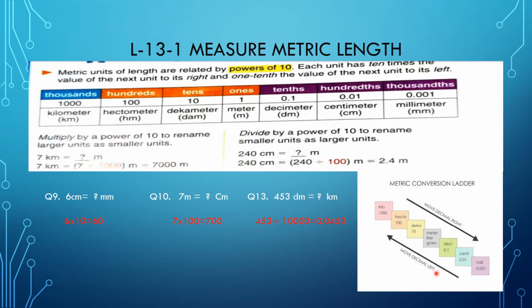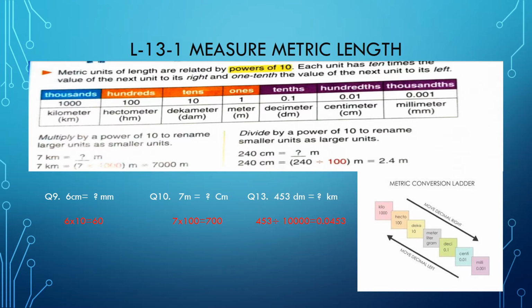You can see in the first question, 7 kilometer convert into the meter. Where is the kilometer? Here. Where is the meter? That means you are moving down, that means right. How many steps? 1, 2 and 3 steps.